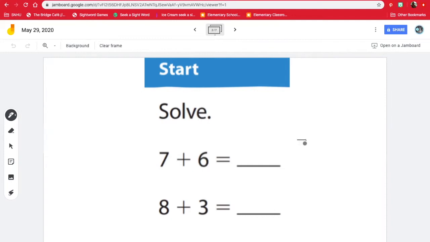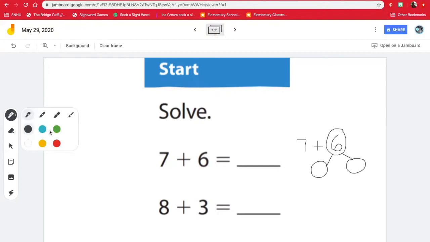So we have 7 plus 6. And we want a number bond here. And we want to use the 7 to make 10. So what number is going to go in the circle?